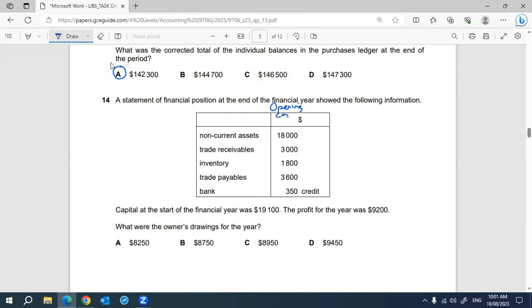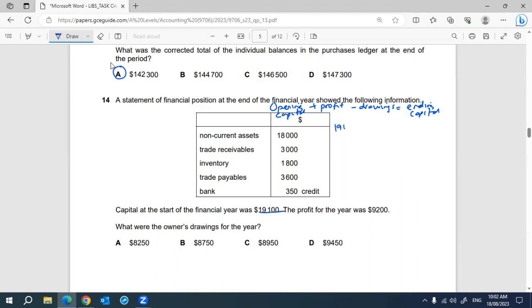So opening capital plus profits minus drawings equals ending capital. Now, the opening capital is already given as 19,100.